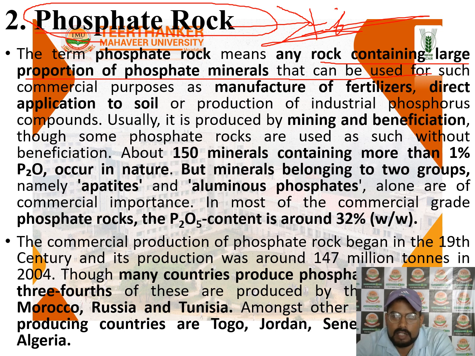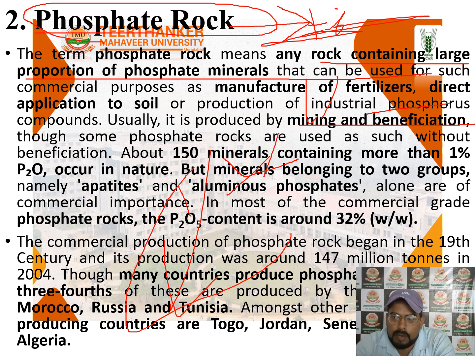Production of industrial phosphorus and its compounds usually involves mining and beneficiation. Beneficiation is the process of collecting the phosphorus mineral from the different layers of the earth.